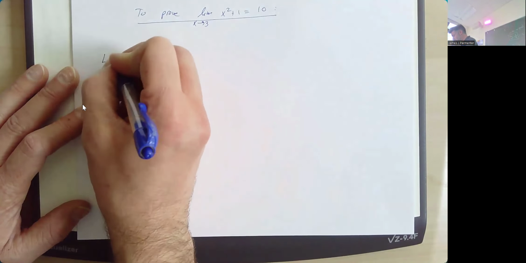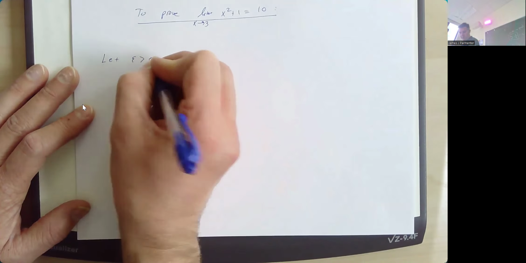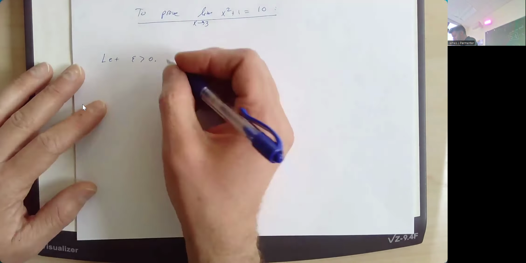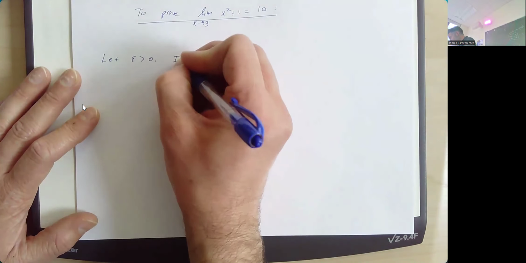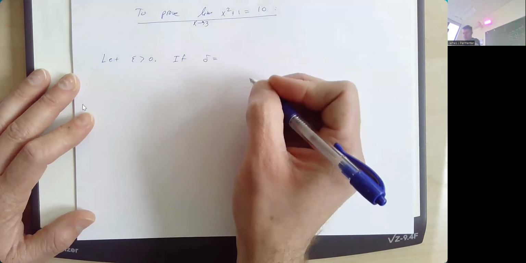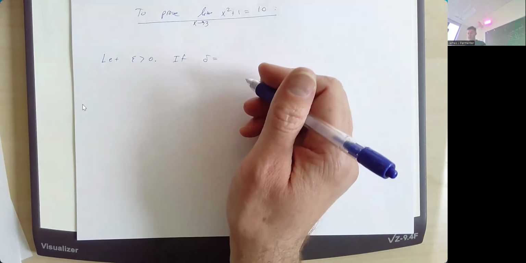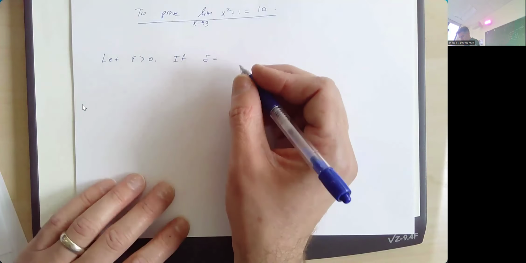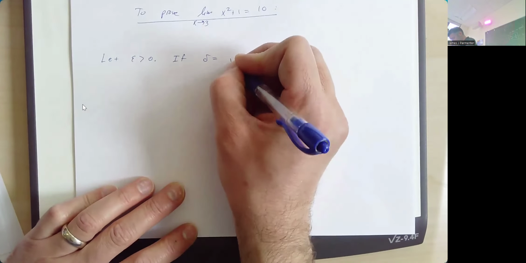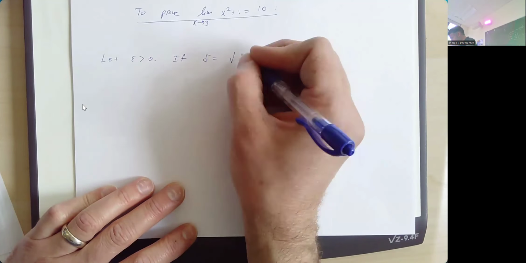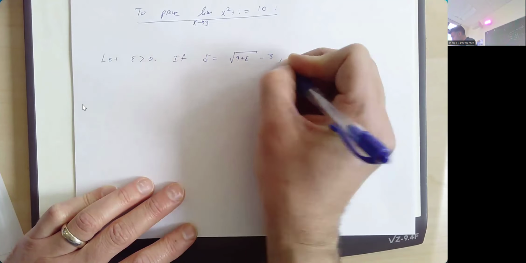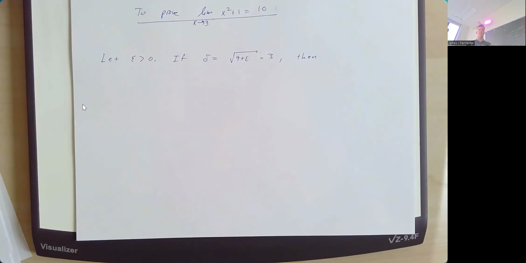So we're going to let epsilon be greater than 0. Of course, it's always what we're starting with. Then we would say, if delta is equal to, you could either say the minimum of those two delta values, or if you're me, you're going to say that delta is equal to the thing that we want to be, which is the square root of 9 plus epsilon minus 3. Then, and here we almost never reconstitute the work we've done.